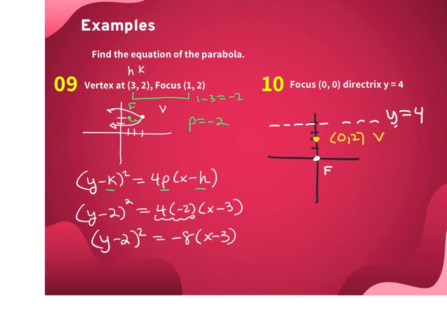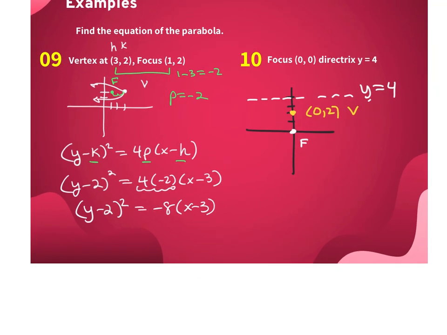You could pick a point on the y-axis and do the midpoint formula to find the midpoint, but when you have a visual and it's this close, you can figure out where the middle is. Because I have an h and a k, I've got to use the longer formula. And your graph is opening downward because the vertex is here. It surrounds the focus and the directrix is behind it. So the equation I'm using is x minus h squared equals 4p y minus k.